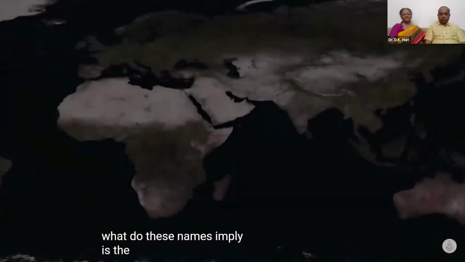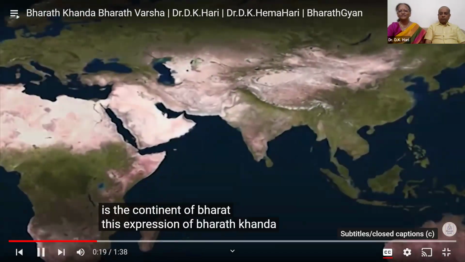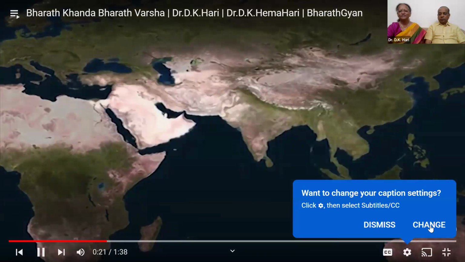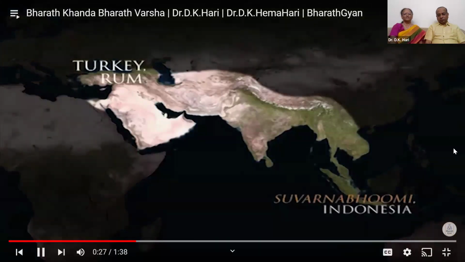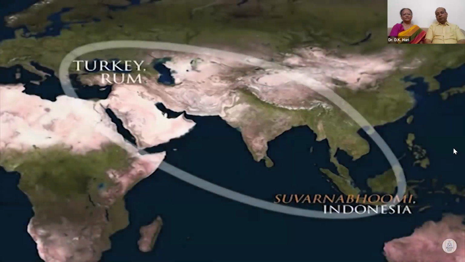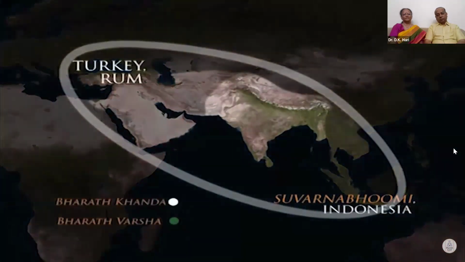Bharat Khand is the continent of Bharat. This expression of Bharat Khanda in times of yore stretched from Turkey, Rum in the west, to Suvarnabhumi, Indonesia in the east. The continent of Bharat Khand pretty much covered most of South Asia. In the continent of Bharat lay the country Bharat Varsha.